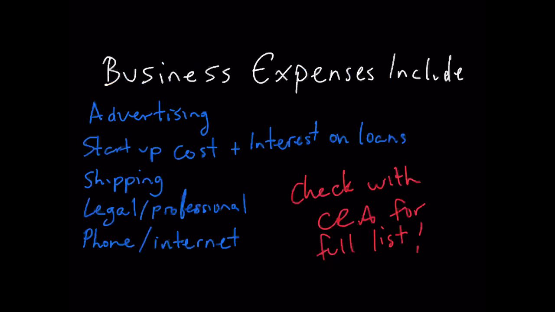Basically anything that involves your business, things that you need to operate your business and to generate a profit or a revenue, those could be considered business expenses. This obviously isn't the full list, so I'd encourage you to check the CRA website and their forms for a full list to see which expenses could affect you and your self-employed business that you have.